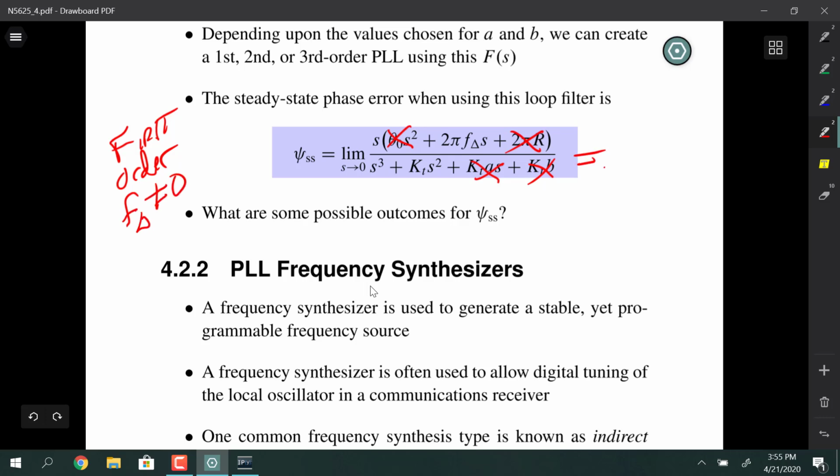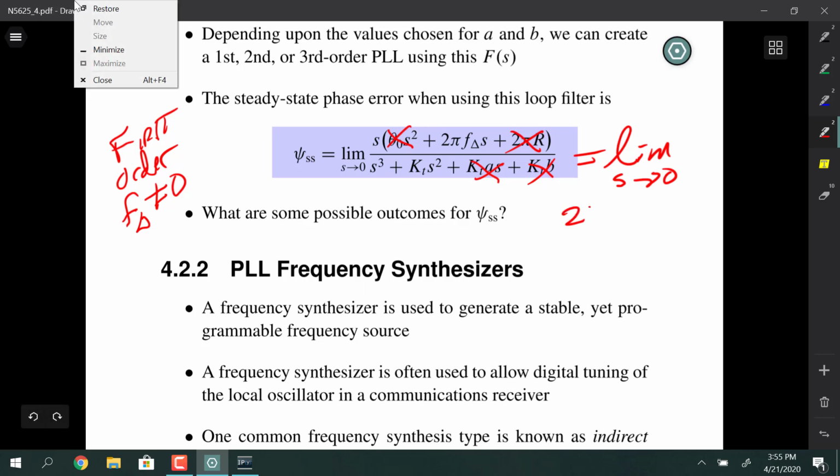And then if we go through and evaluate this limit, we're going to be able to bring an s through the denominator again. We'll have 2 pi, well actually we're going to have an s and an s, so we have two s's up there that we have to bring on through the denominator.